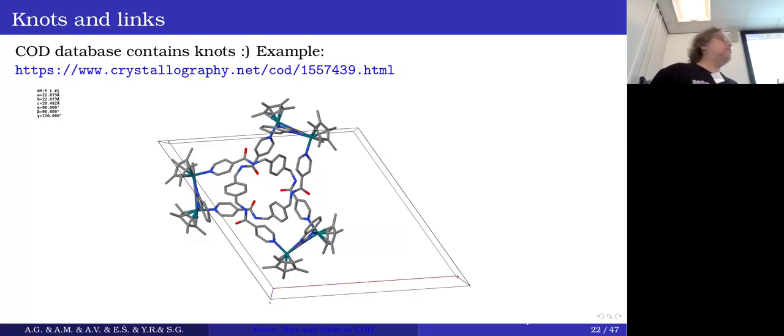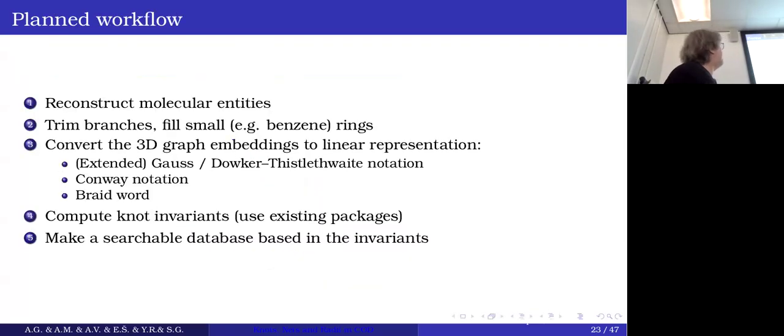So this is actually what Yaroslav is currently doing, and our plan is to follow the route which we started, the beginning of which I presented in the previous slides. So we reconstruct molecular entities. Then we convert them to 3D graphs, so to graphs, to unions of aligned segments embedded in three-dimensional space.